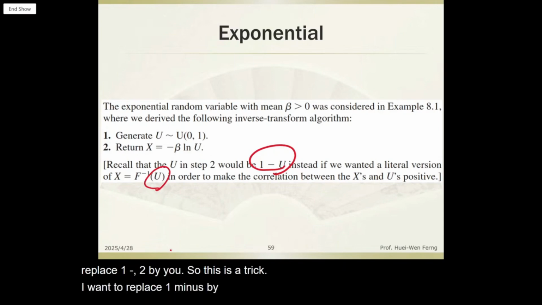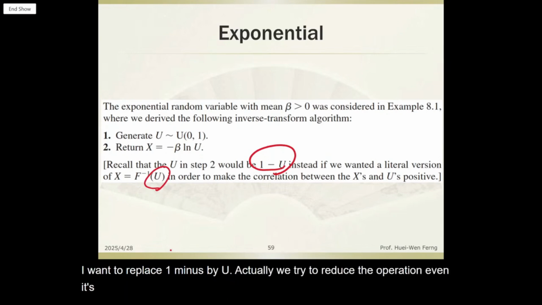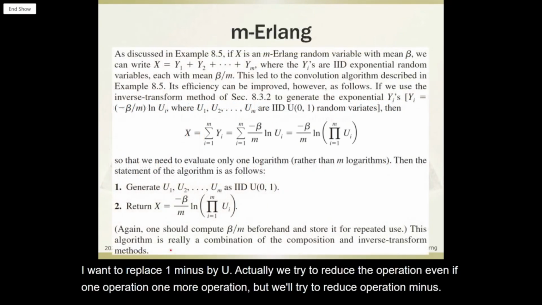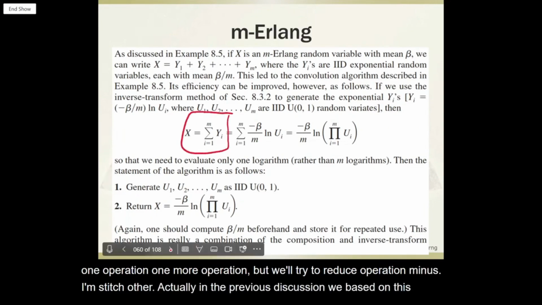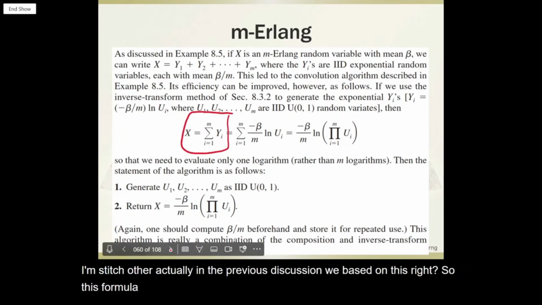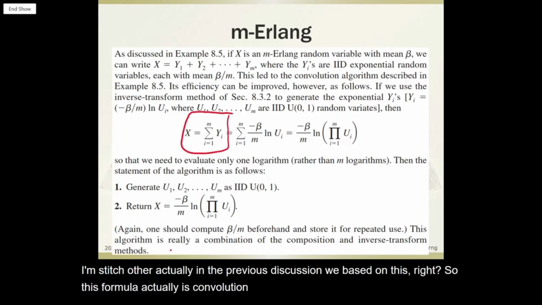Actually, we try to reduce the operations, even if it's just one operation, the subtraction. And the m-stage Erlang, in the previous discussion, we based it on this. This formula is actually a convolution, so finally we pass on convolution. It's done.